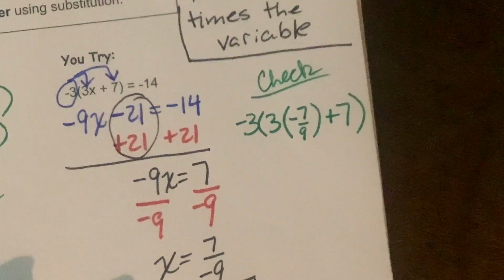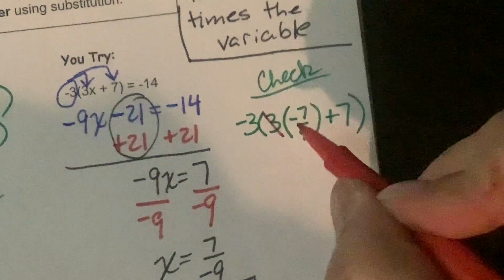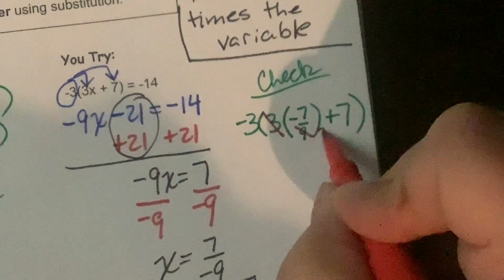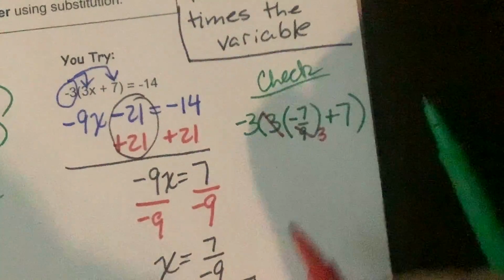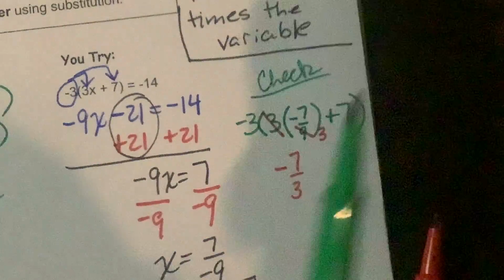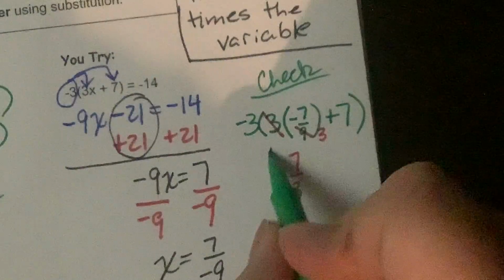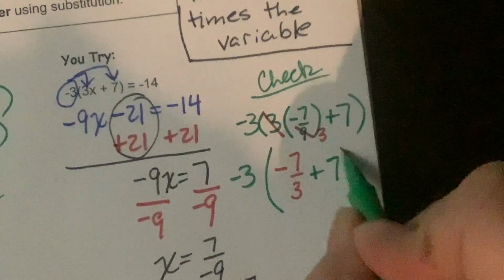All right, right away I know that 3 goes into 3 once and 3 goes into 9 3 times. So this is going to come down to be negative 7 over 3. Okay, that's cool. Now, negative 3 plus 7.